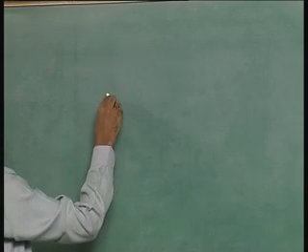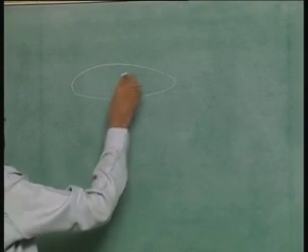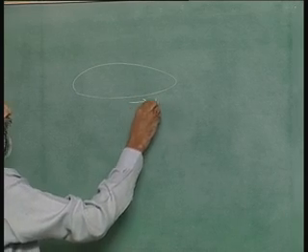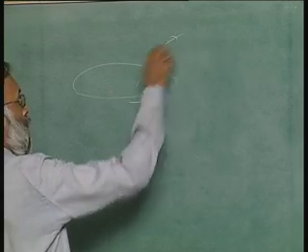Okay, let us see what we defined inductance as being. We defined that if you have a coil and the coil has a current I, there will be magnetic field threading that coil.